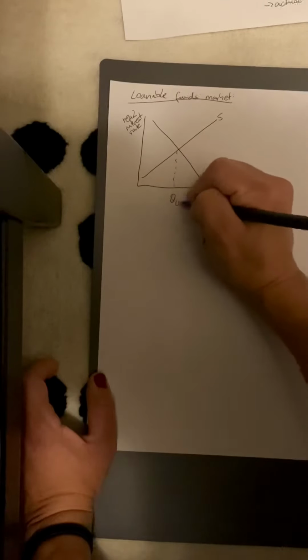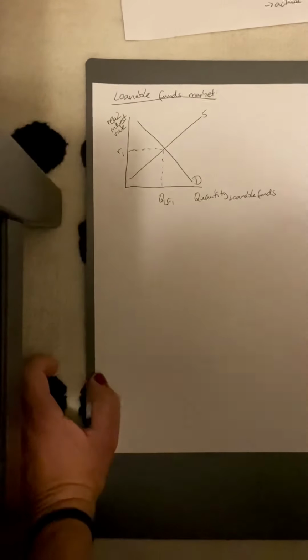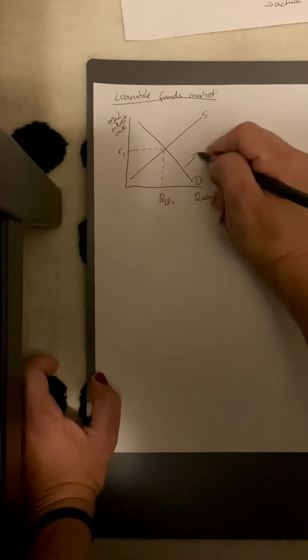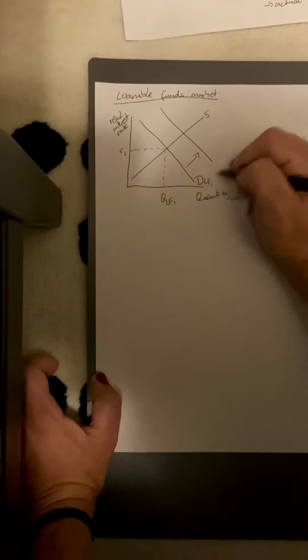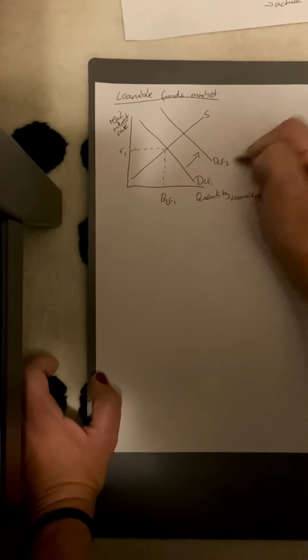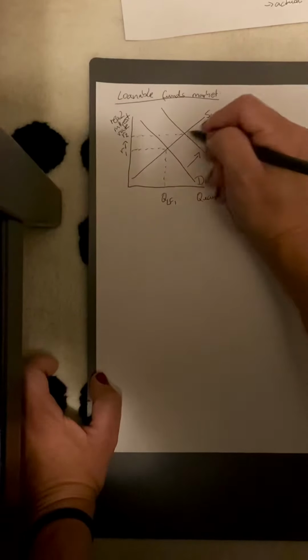Q, LF1, and R1. So now in this scenario, the government has an increased demand for loans because the government decides to spend more money. So DLF1, DLF2, SLF. So now we can see a higher real interest rate.